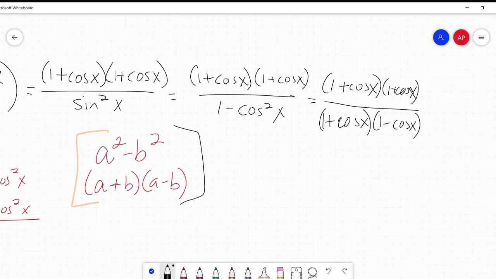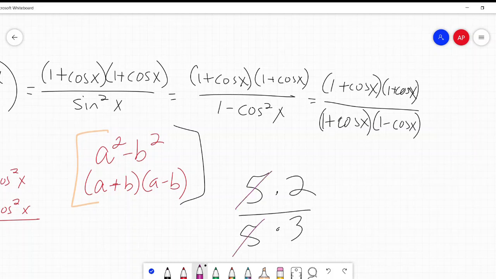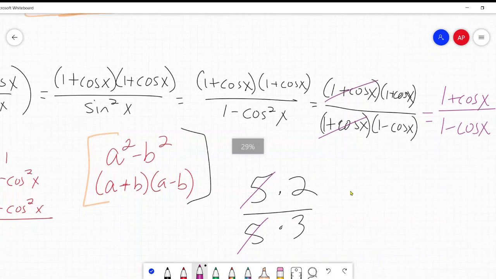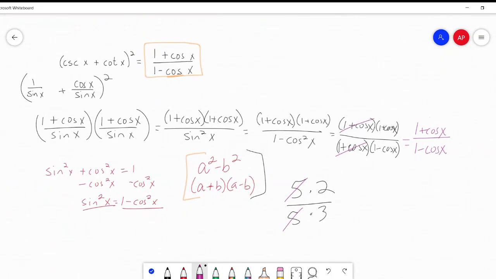And now, there's the thing in math where, let's say if I have like 5 times 2 over 5 times 3, I'm multiplying, I've got a 5 and a 5, I can cancel them out. We can do that here. I'm multiplying 1 plus cosine of x on top, 1 plus cosine x on the bottom. I am left with 1 plus cosine of x all over 1 minus cosine of x. Ta-da! And I have verified that identity.